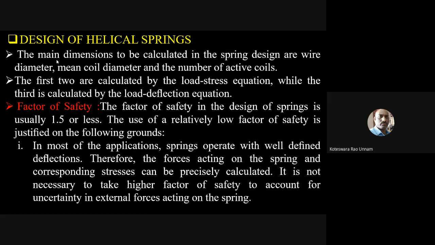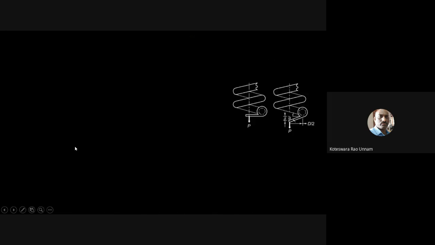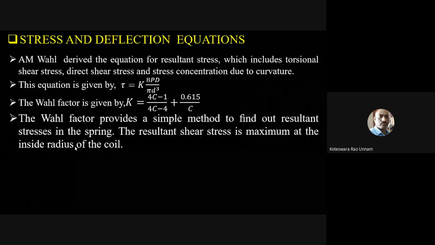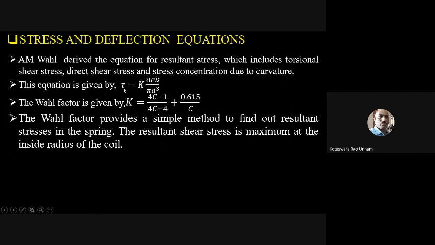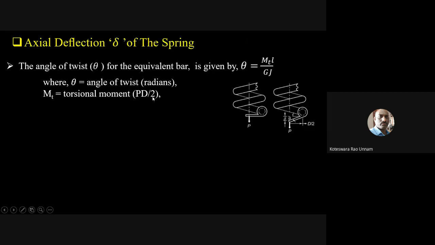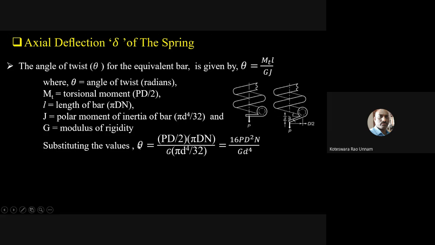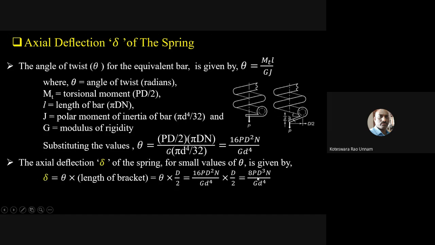Once you have done that, the third one is calculated by the load deflection equation, for which we derived an expression for delta. If I go back to that equation, yes, here, this is the stress equation we use to determine either small d or capital D. Then in the delta equation, delta is 8PD cube n by G d power 4, where n is the number of active coils.